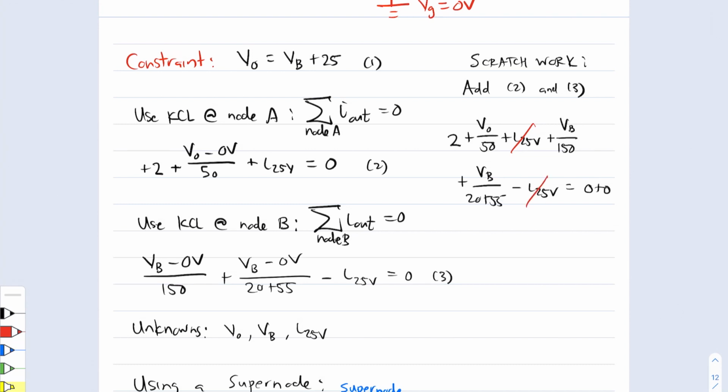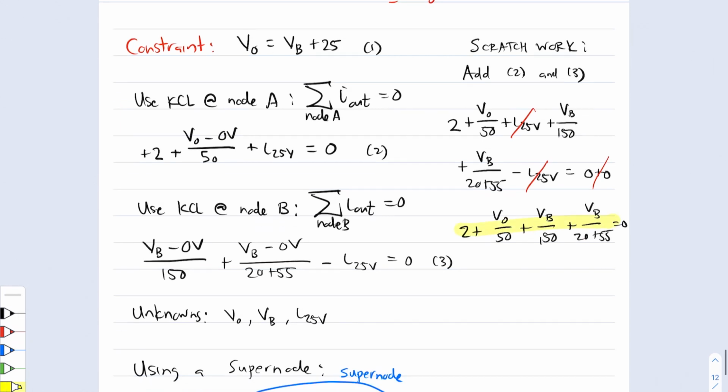Notice that this term and that term are going to cancel. This cancels out to 0 as well. And what we're left with is 2 plus V naught over 50 plus VB over 150 plus VB over 20 plus 55, and that's equal to 0.